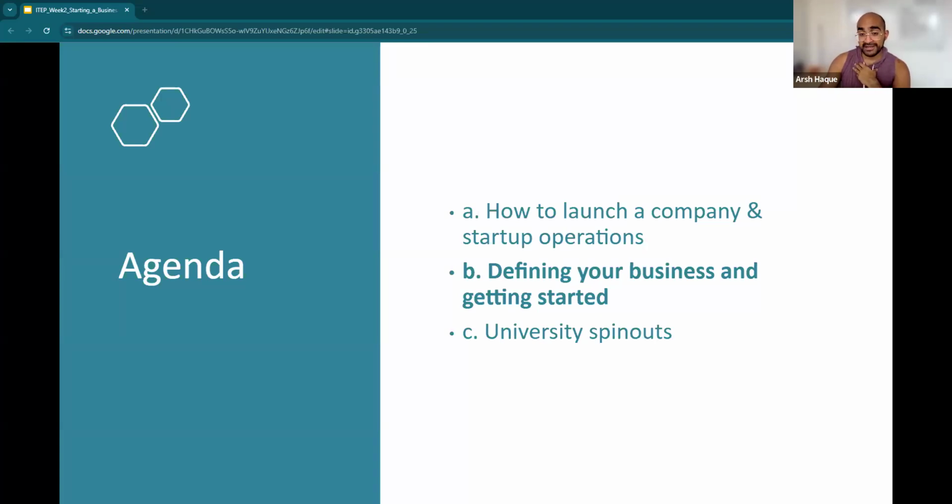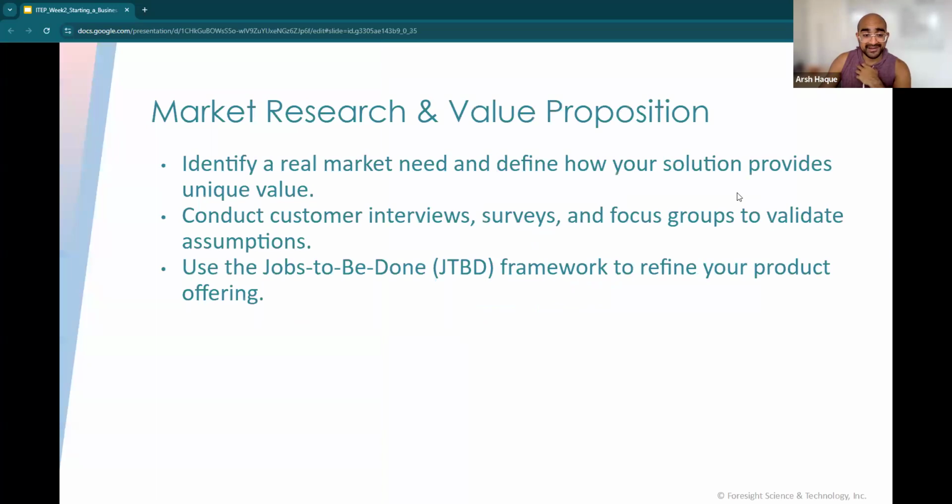As for people who can help you with market analysis, your mentors in this program are a good bet, but we will talk way more about customer discovery and market analysis over the course of this program. But moving on to somewhat that area, we do begin to introduce the ideas that we'll expand upon throughout the program. So, a nice transition into the next subject matter around defining the business and actually getting started.